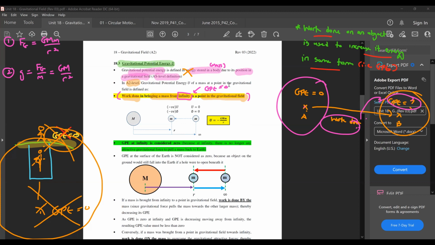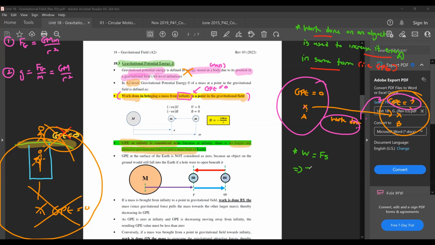The reason we say GPE is 0 at infinity is because at infinity, there is no gravitational force. Remember last time, work done is force times distance, right?